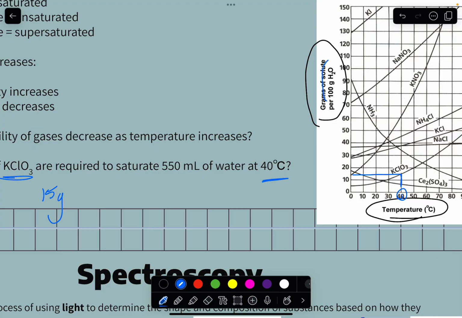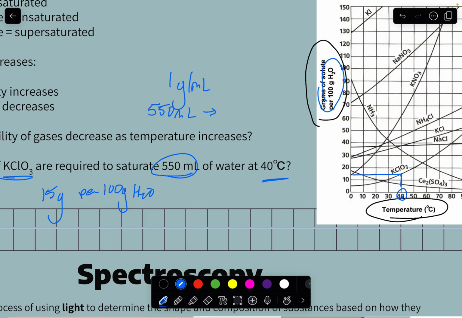But remember, this is in 100 grams of water per y-axis. So 115 grams per 100 grams of H2O. If we want 550 milliliters, remember, water has a density of 1 gram per milliliter. So 550 milliliters is equal to 550 grams.